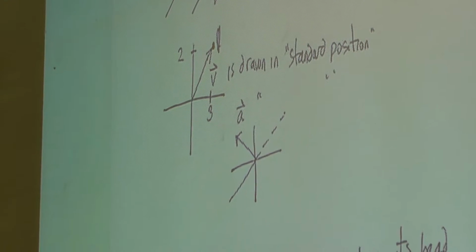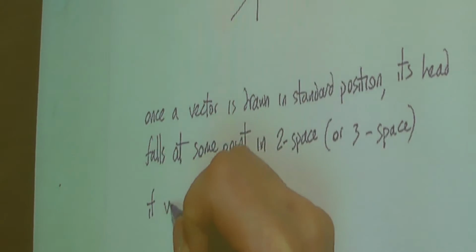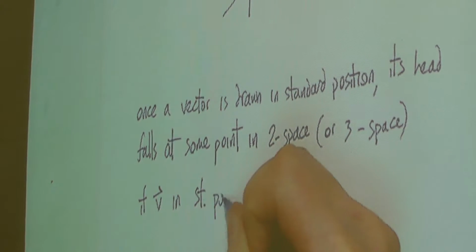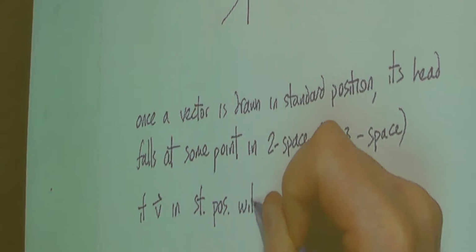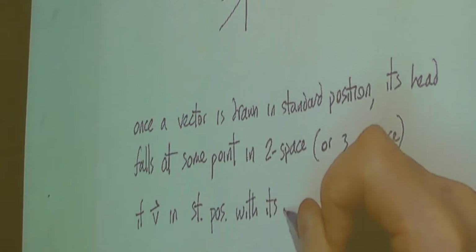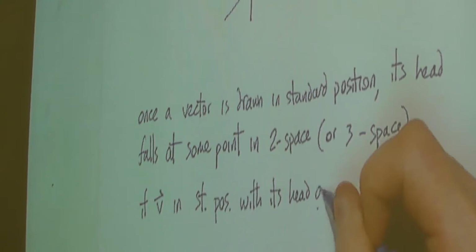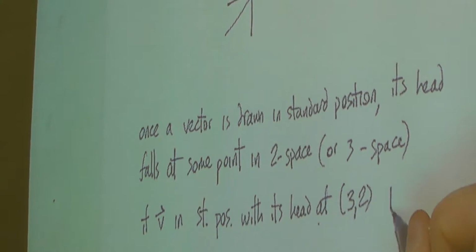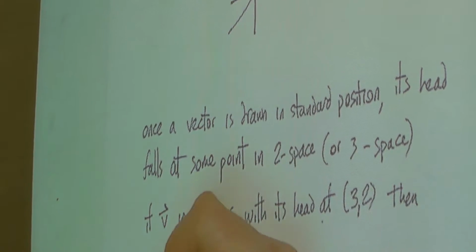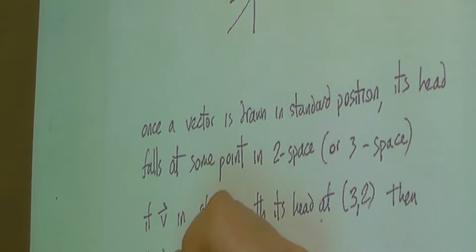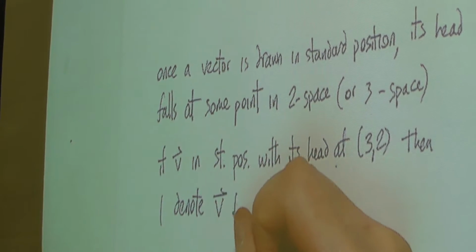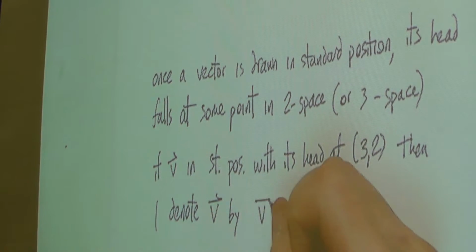So if V is in standard position with its head at the point 3, 2, then I denote the vector V by this.